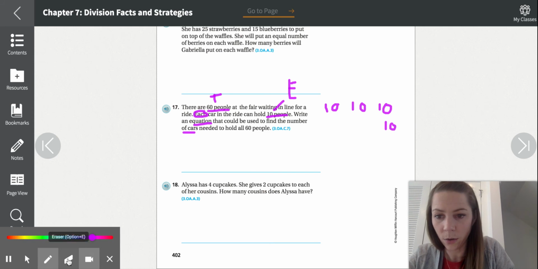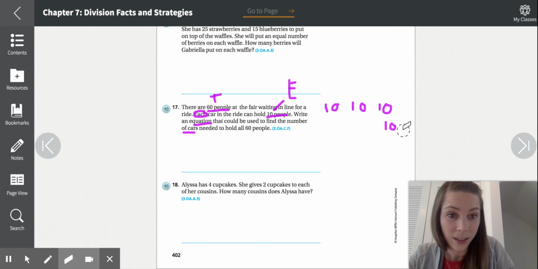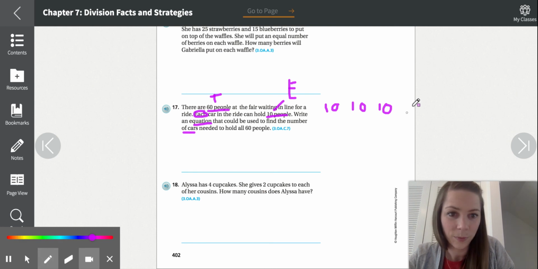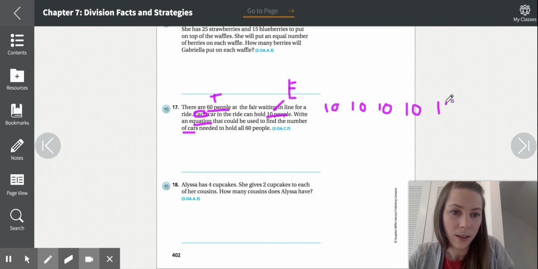I'm actually going to do it in a row here so it does kind of seem like a roller coaster. 10, 10, 10, 10, 10, 10. 1, 2, 3, 4, 5, 6 tens would equal 60: 10, 20, 30, 40, 50, 60.